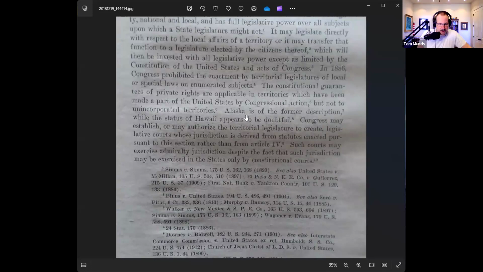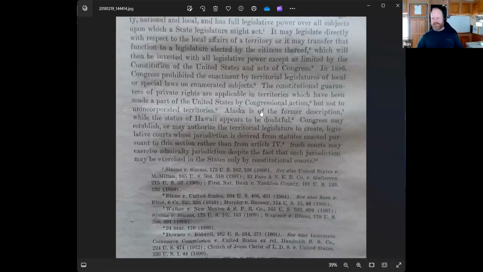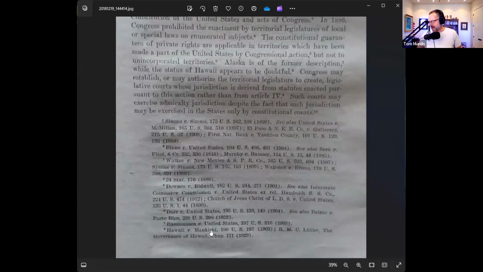The former description, which was the incorporated. It was incorporated territory. That's right. The former was the incorporation, the latter was the unincorporation, right? So that means Alaska was incorporated. If you go down and read the Rasmussen decision, that's exactly right.